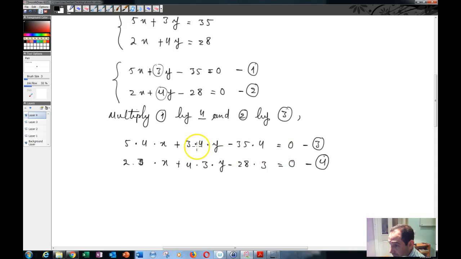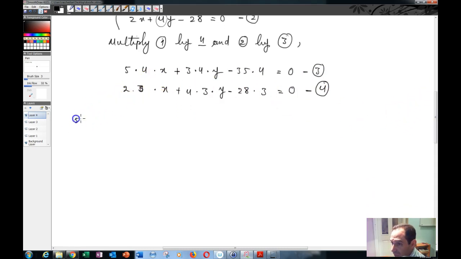And then if I subtract 4 from 3, what I would get is 5 times 4 times x minus 2 times 3 times x plus 3 times 4 times y minus 4 times 3 times y minus 35 times 4 minus negative 28 times 3, which would be plus 28 times 3, is equal to 0.